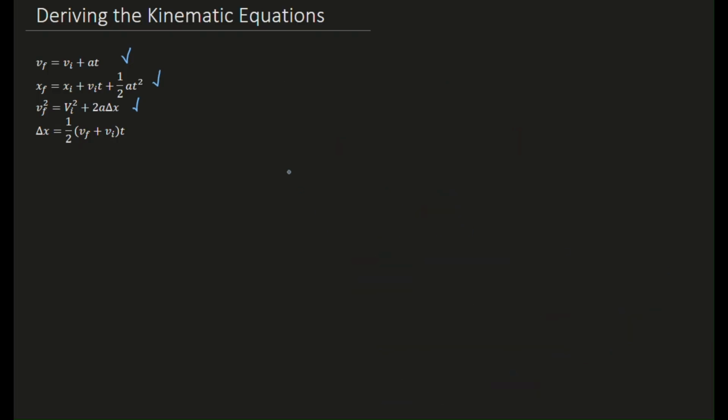My fourth equation is obtained from the first two equations. If I set the first equation, v final equals v initial plus acceleration times time, and solve for acceleration, I get acceleration equals my final velocity minus my initial velocity, all divided by time.